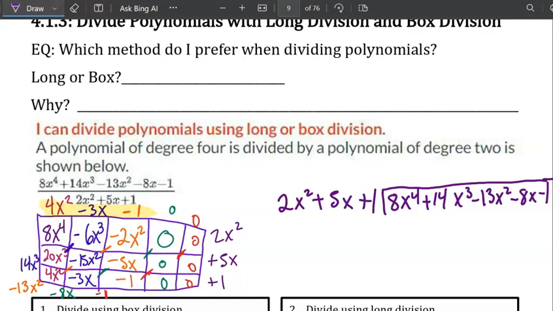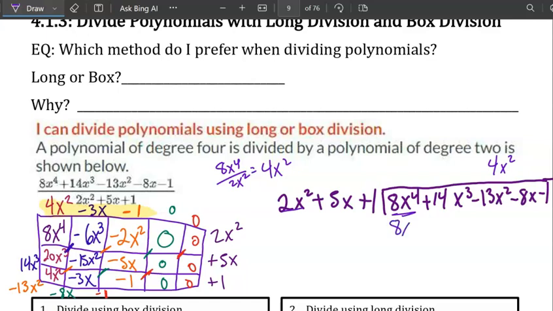Okay, the first thing, we divide 8x to the fourth by 2x squared. That would give you 4x squared. So we'll line that up with the x squared term. Multiply 4x squared by the divisor and write it below.